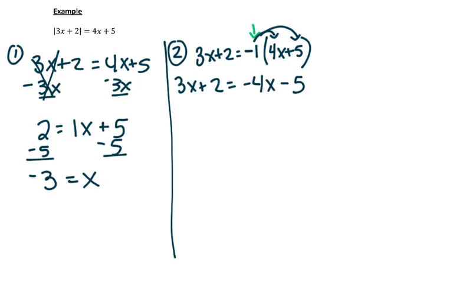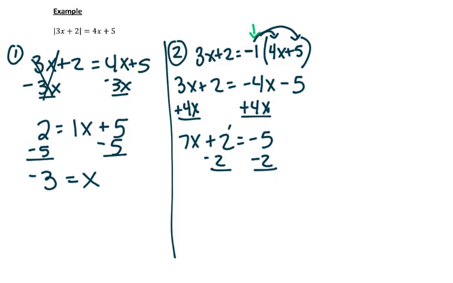In this equation, I'm going to move the 4x over. I'm going to add 4x to the 3x. I get 7x plus 2 equals negative 5. We subtract 2 on both sides. I get 7x equals negative 7. We divide by 7, and I get x equals negative 1.